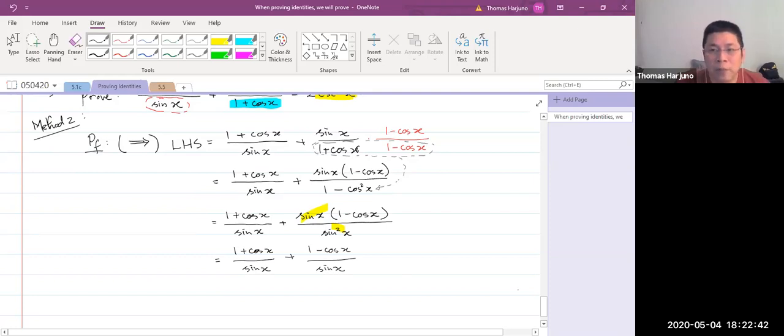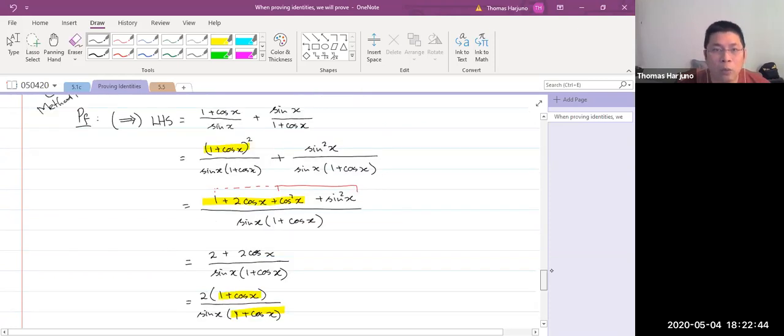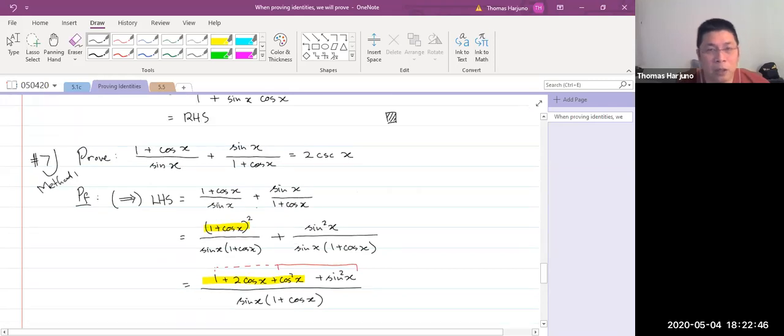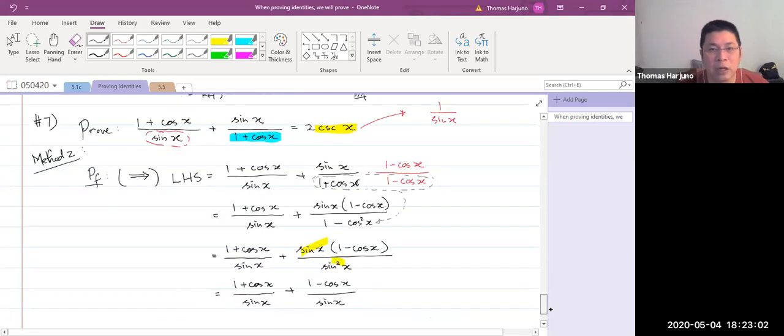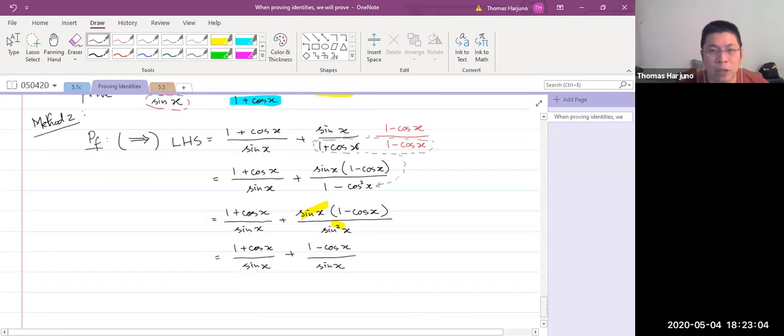When I did the first method earlier, I was not aware that I can play with the second denominator and somehow get the first denominator. I didn't think that way. But if you happen to see that it is possibly done, then you show the work, of course, and why they're the same.